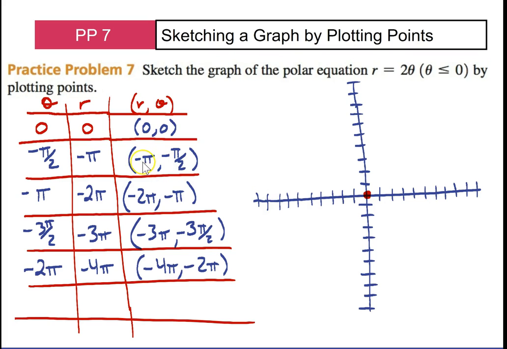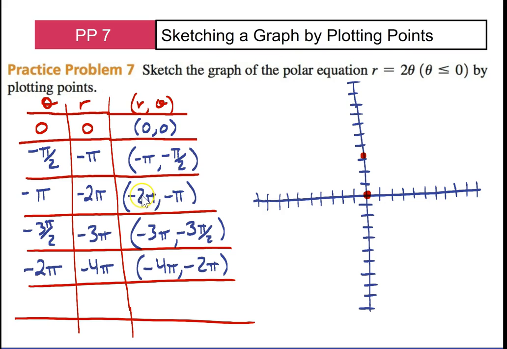The next one. Negative pi over 2 is going to be a negative angle, so we're going the opposite direction, because we're going to go about 3.14, a little bit above 3. Using our polar axis right here, we're going to go down, clockwise, pi over 2. This is negative pi over 2, but then because it's a negative r value, we're going 1, 2, 3, and a little tiny bit above there.